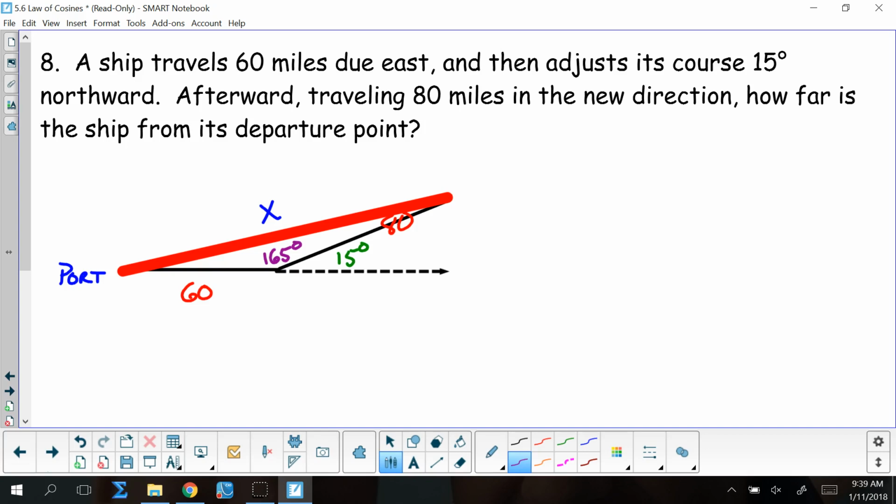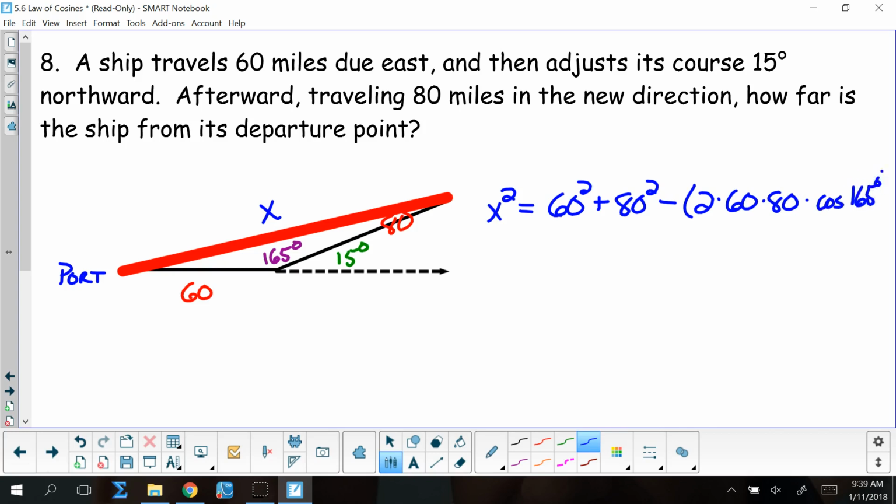So my law of cosines here is going to be x squared equals 60 squared plus 80 squared. I take the two sides of the triangle, I square them, and I add them. Then I'm going to subtract off 2 times 60 times 80 times the cosine of the angle that's in between the two sides. So that's 165.